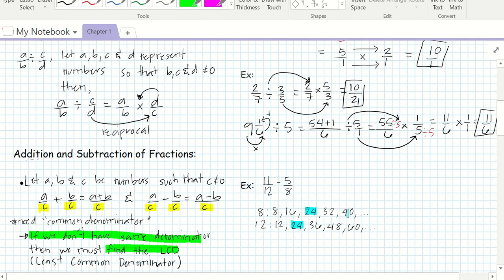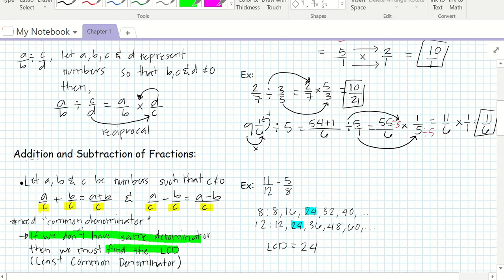Now, I think they both have later 96. That's way higher. We want to find the least, right? So we have 24. So that means that my LCD equals 24.